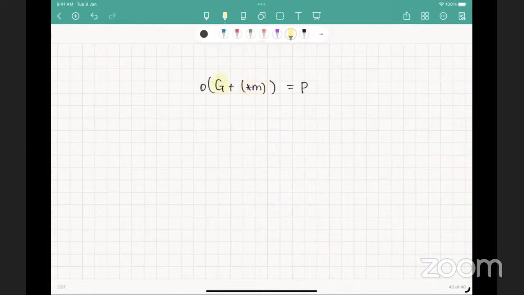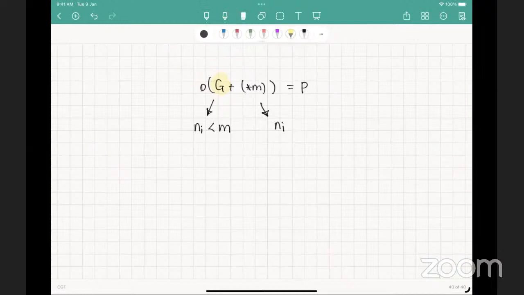On the other hand, if the first player makes a move in G, and they make a move to one of the NIs, which is less than M, then, of course, again, the second player can take M to that NI as well, right? So then by exactly the same argument, we are done.